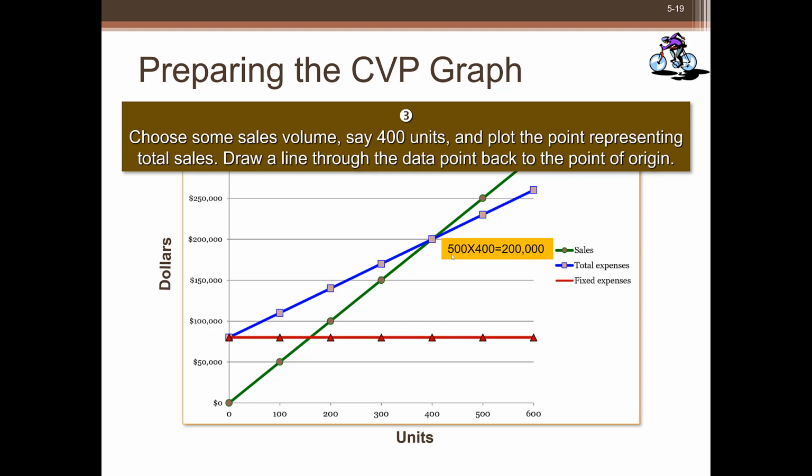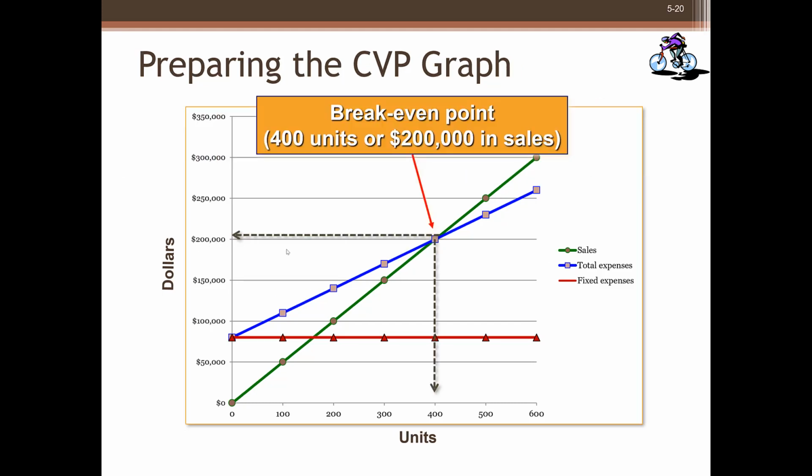Selling price per unit, $500, multiplied by 400 units sold, gives total sales of 200,000. Here, at the 400 units sold level, this is our break-even point. Net operating income will be 0.